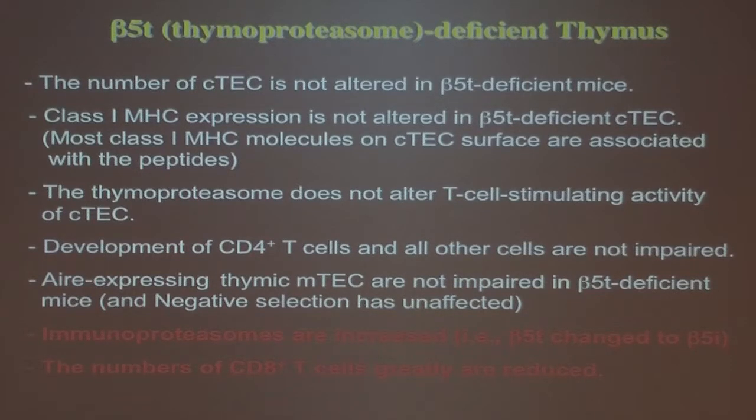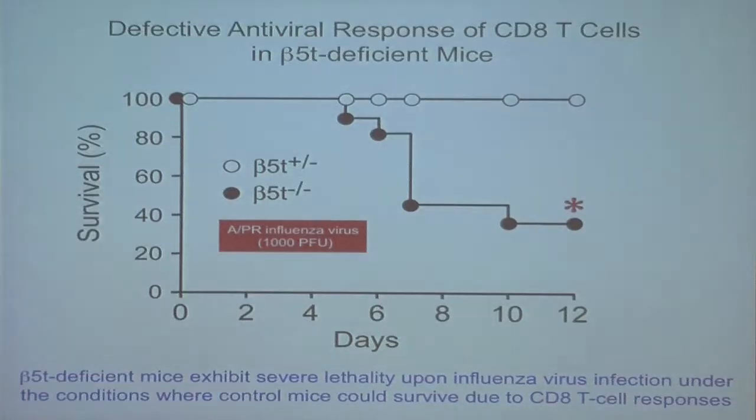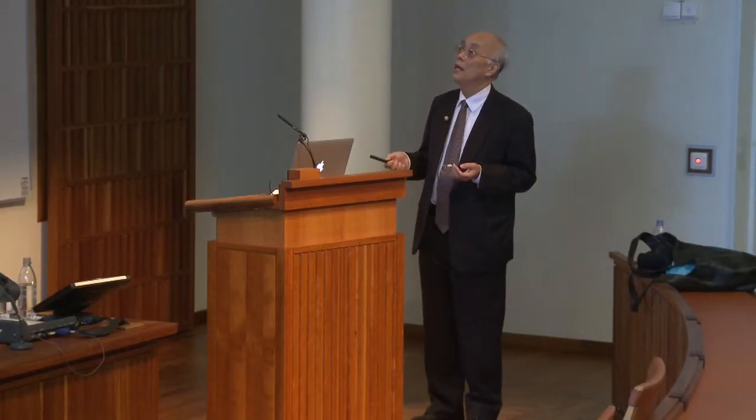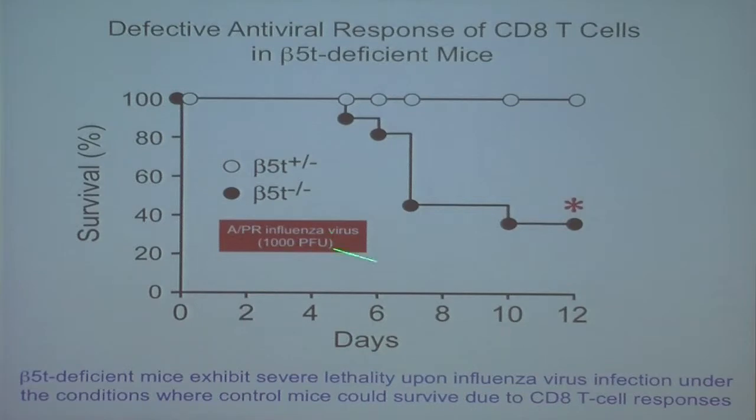So what is the pathological function? We tested with influenza virus infection. As you know, wild type mice have a key cell-mediated immunity system, so we couldn't see any death of mice.